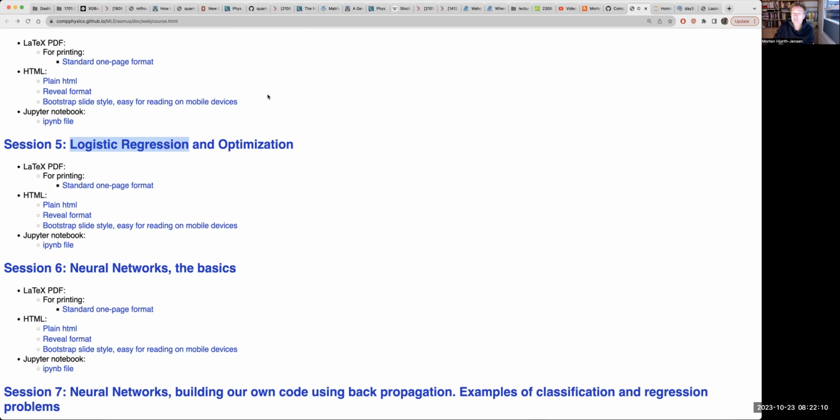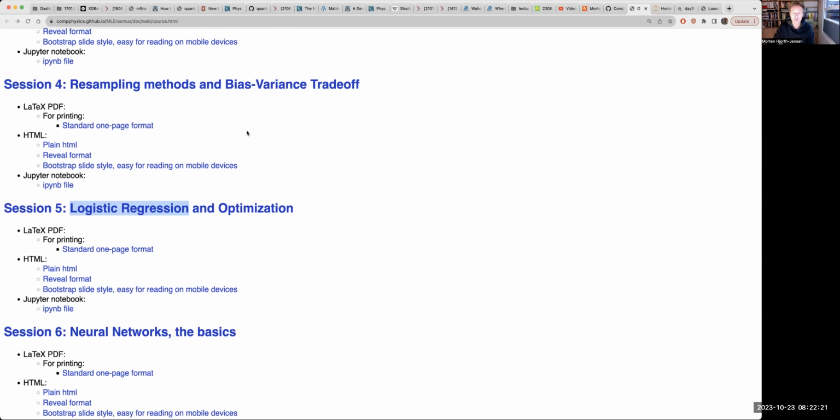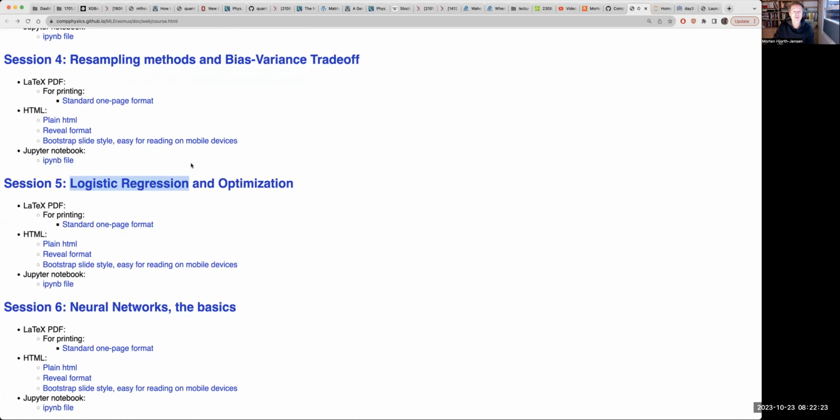So next week, when we now are done with the standard linear regression problems, or what you might call in general, us fitting a continuous function, or just a regression type of problem, we are then going to move into a classification problem. And then logistic regression will be the topic for next week.